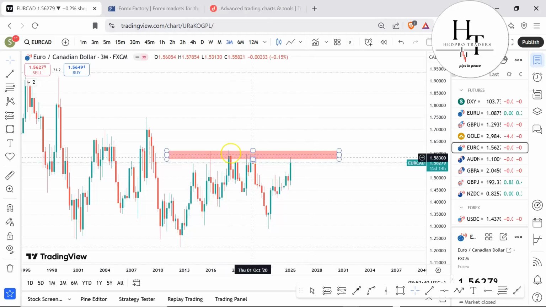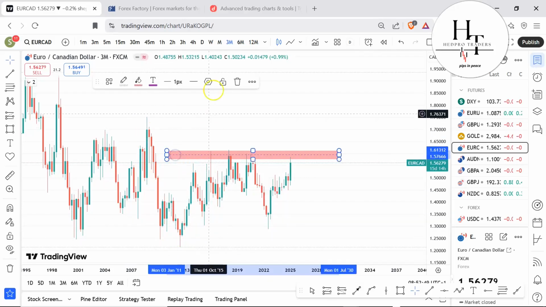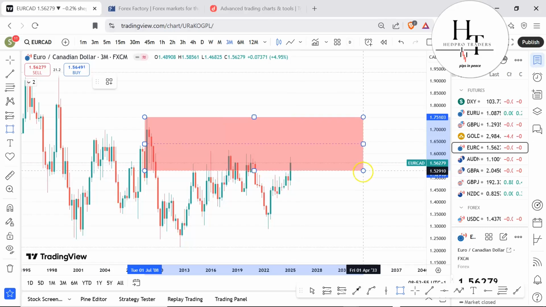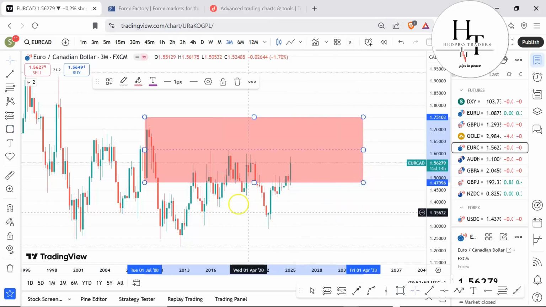Now this is a 3 months chart and you can see how this order block here has been holding price. You can see how price has rejected exactly at the midpoint of the order block.